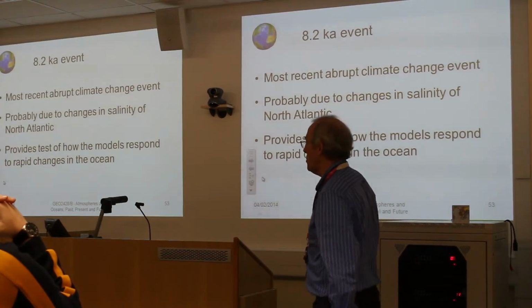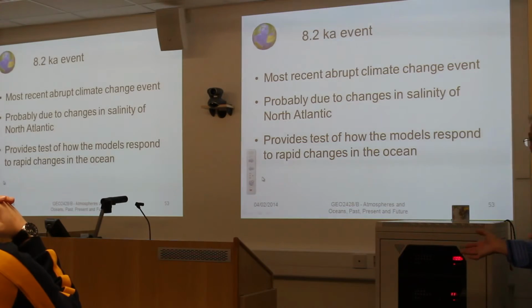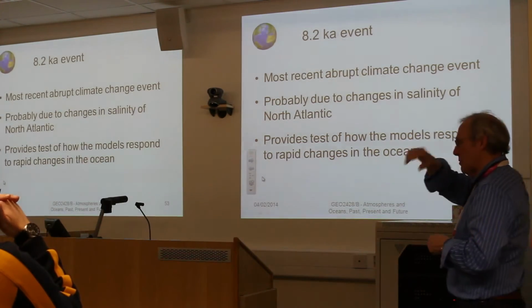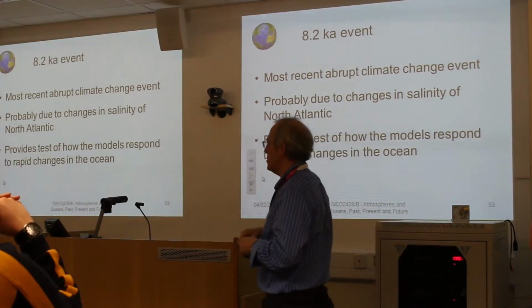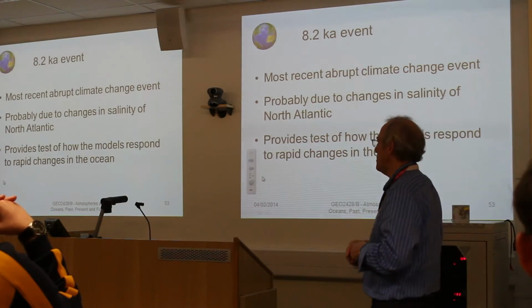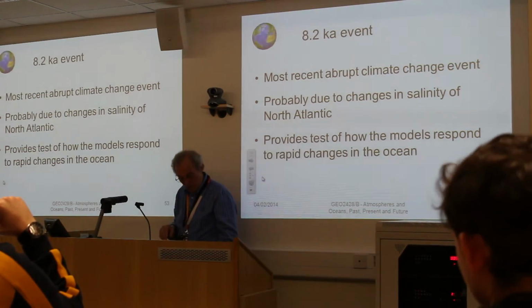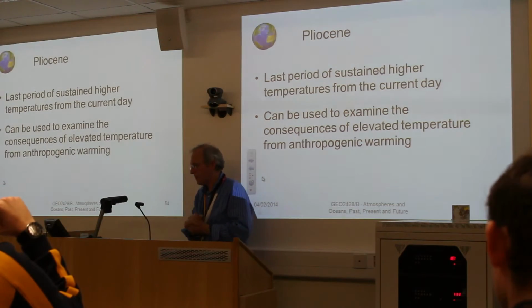Pour that out into your model of the Atlantic and see what happens. It's a very useful way of testing models to see how it feeds through, and does it lead to the same temperature difference on mainland Europe as we observed during the 8.2? It gives an idea of models and notions, which is always useful.